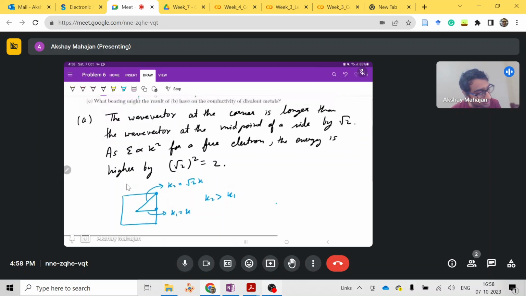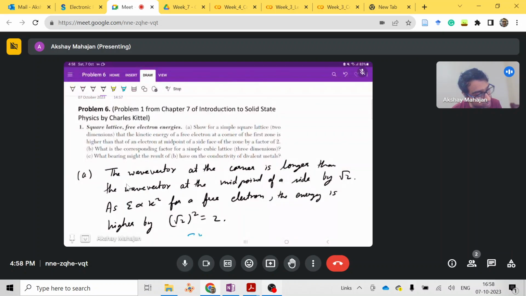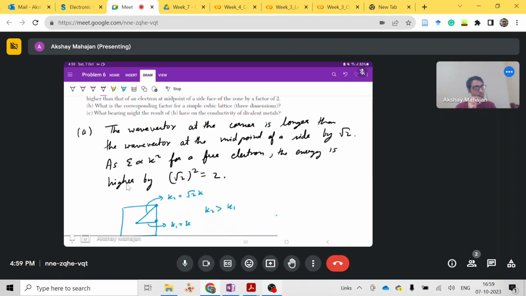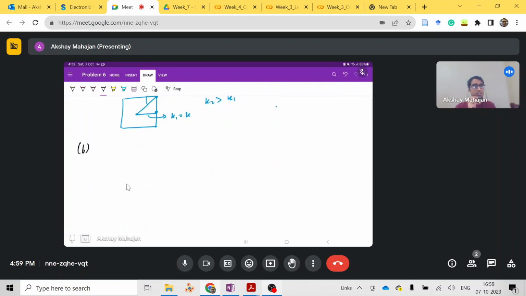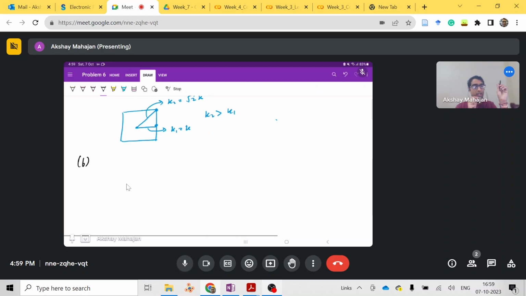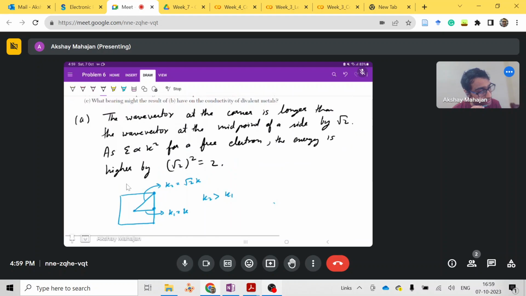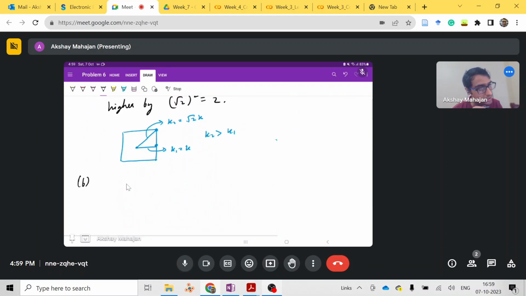Now the B part is: what is the corresponding factor for a simple cubic lattice in 3 dimensions? If you think about it in 3 dimensions, for the corner point and a midpoint on the face, this will come around root 3 times actually. Let me first write it and then I will show.